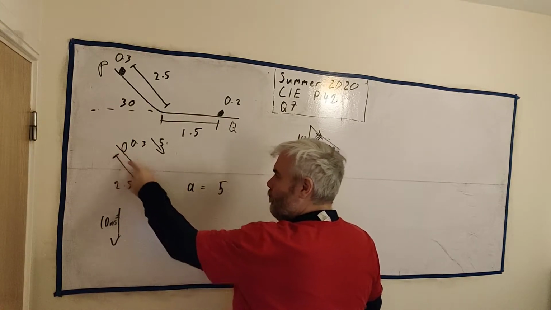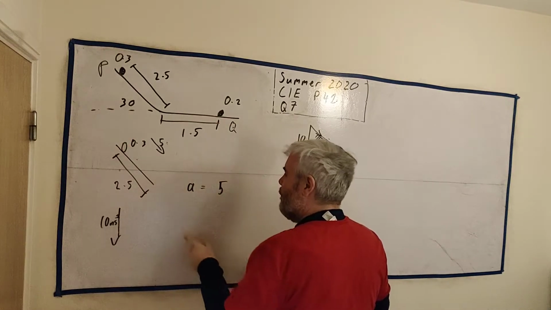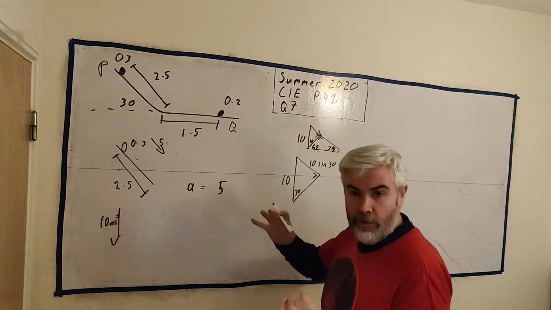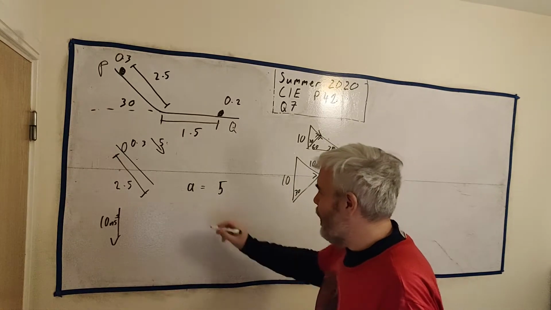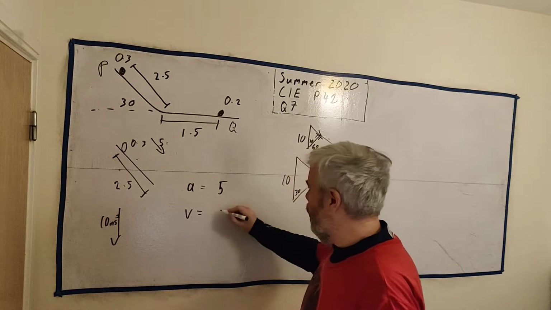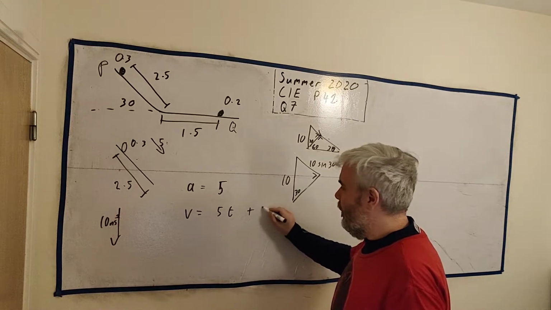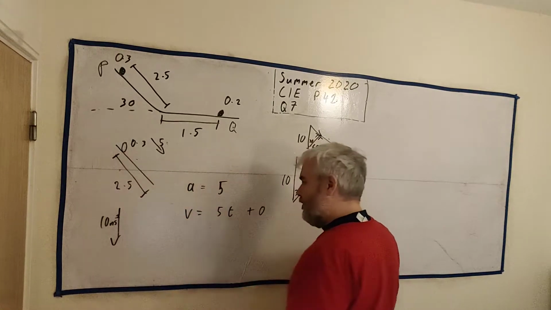We'll start at 0, going up in time this way. So acceleration is 5. You always have to decide your signs, what direction you're going. Be careful about that. The velocity will equal 5t plus the initial velocity, in this case 0. We start at rest.